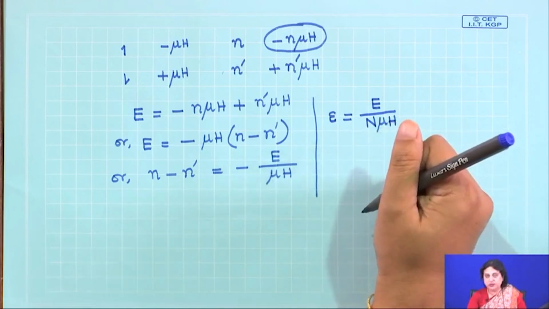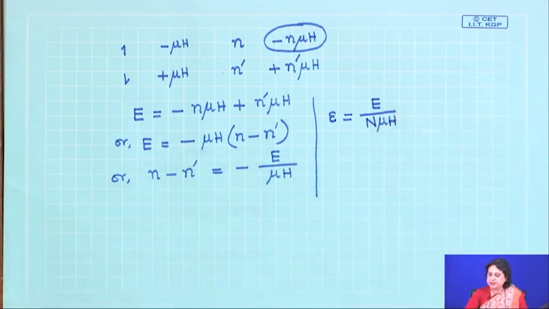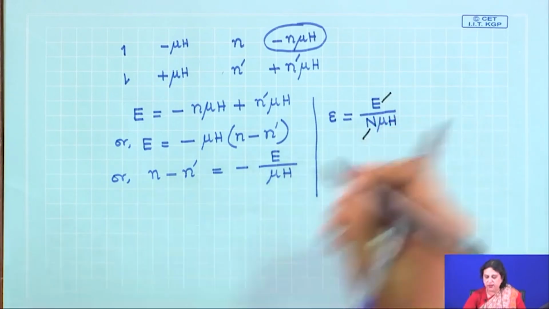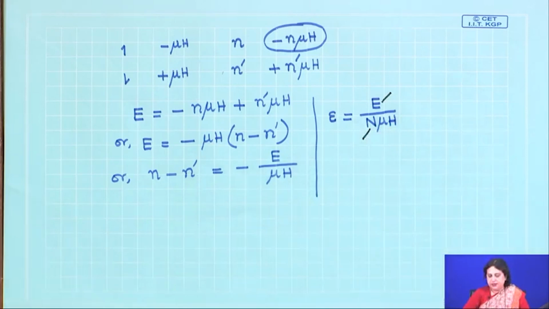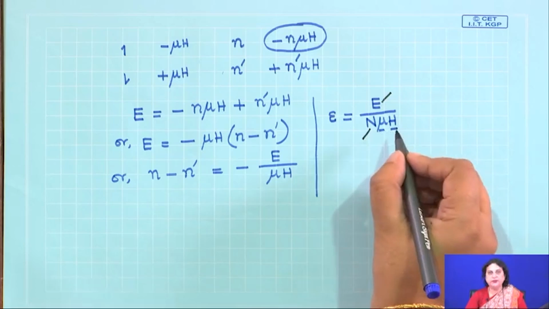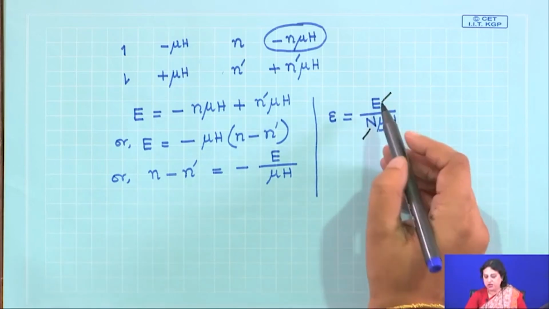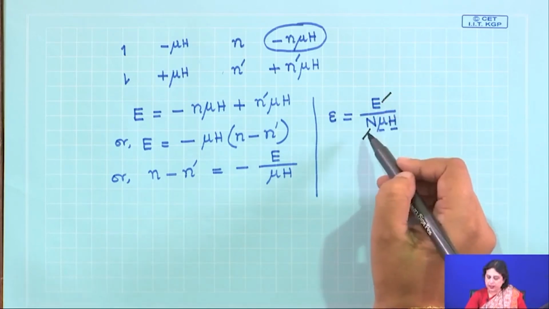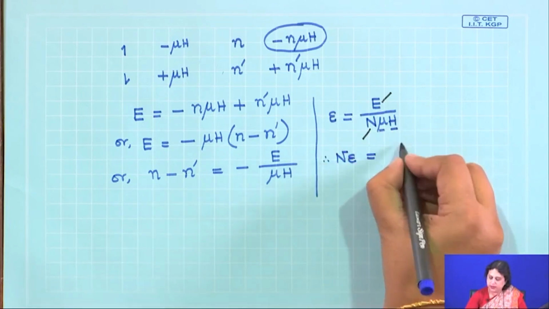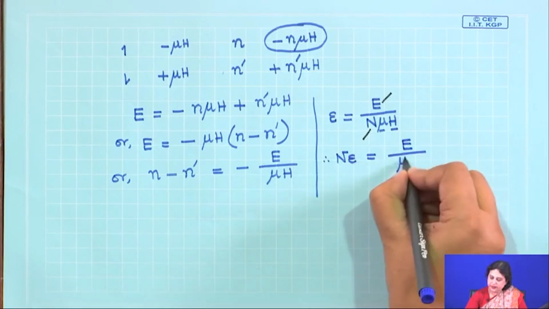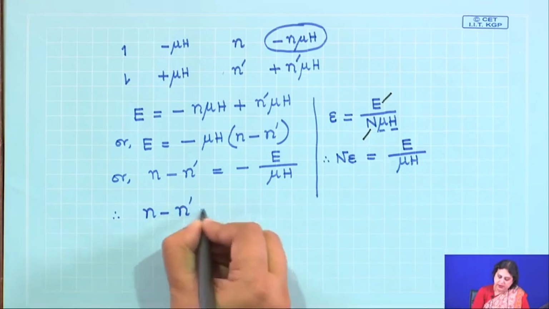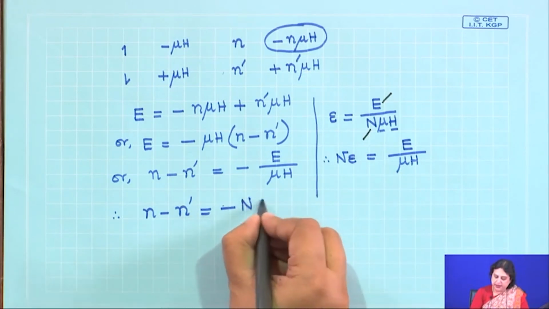Therefore, if you fix the macroscopic state of the system by specifying the value of E and the value of capital N, and by the design of the system, mu and h are given constants, then epsilon is also a function of E and capital N. So, I can easily write N epsilon equal to E by mu h. Therefore, this equation turns out to be small n minus n prime equal to minus N epsilon.